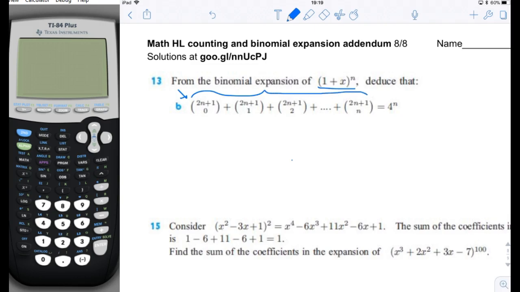But if you look at all the combinations that are expressed here, you can see that there's a pattern where the top number is 2n + 1, right? So if you want the top number to be 2n + 1, basically that means that the degree of the binomial expansion has to be 2n + 1.